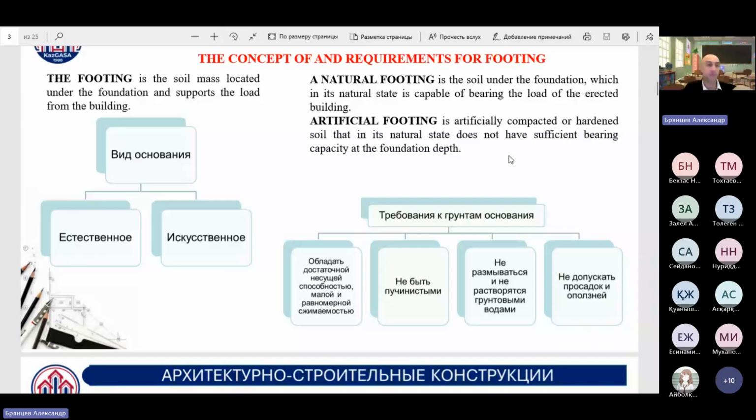So in general, the quality of soil foundations defines the durability and safety, making soil selection and preparation with the right analysis, the right calculation and the right design essential.